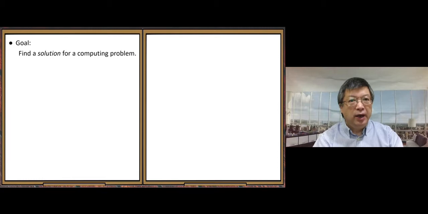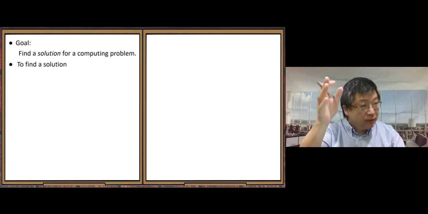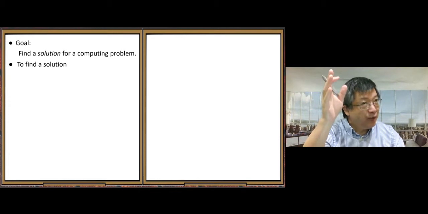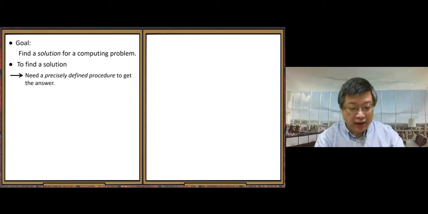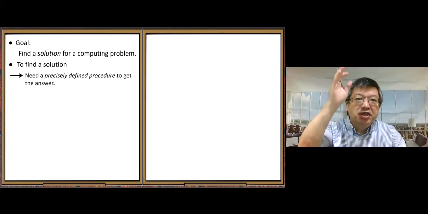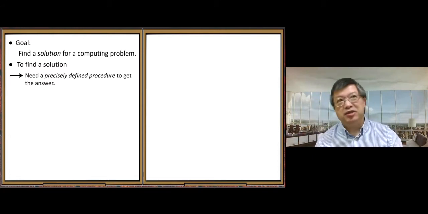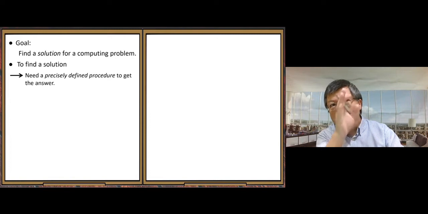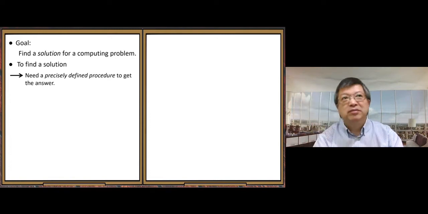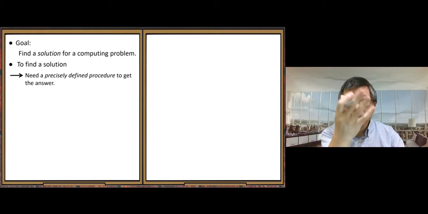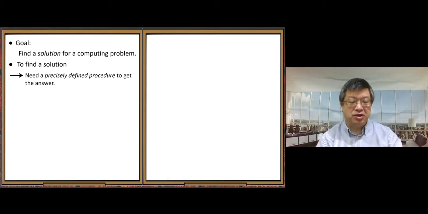In order to do that, what do we need for an algorithm? We need a precisely defined procedure to get an answer. Remember, a step-by-step procedure, precisely; all the important details must be addressed.